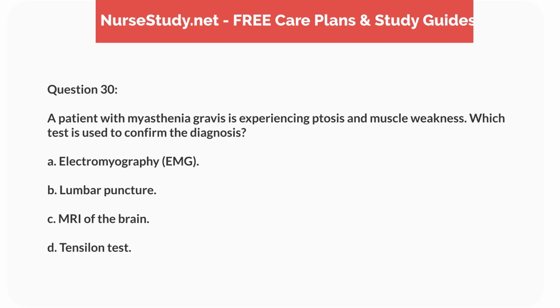Question 30. A patient with myasthenia gravis is experiencing ptosis and muscle weakness. Which test is used to confirm the diagnosis? A. Electromyography, EMG. B. Lumbar puncture. C. MRI of the brain. D. Tensilon test.